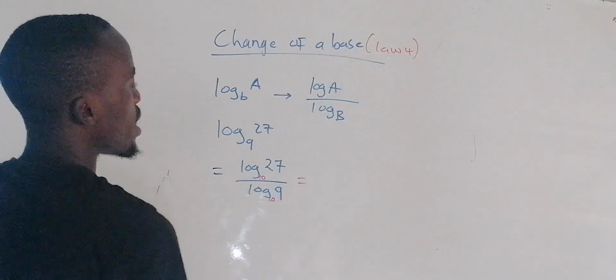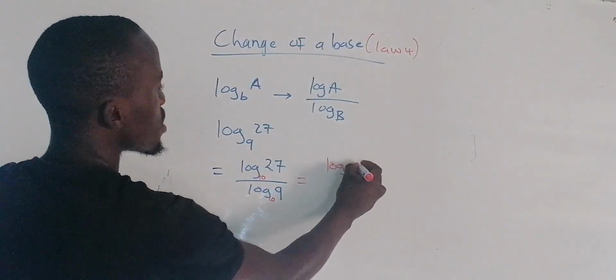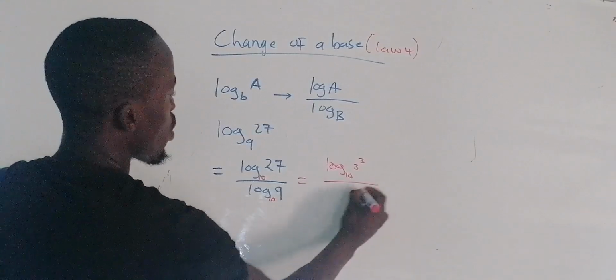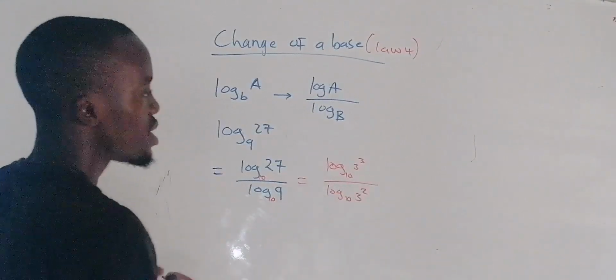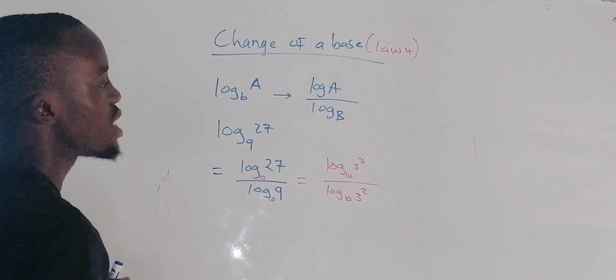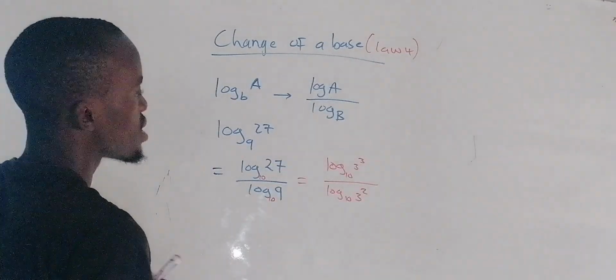So the change of base using 10 equals log 10 3 cubed over log 10 3 squared. Now we have law number 3 as a numerator and law number 3 as a denominator.